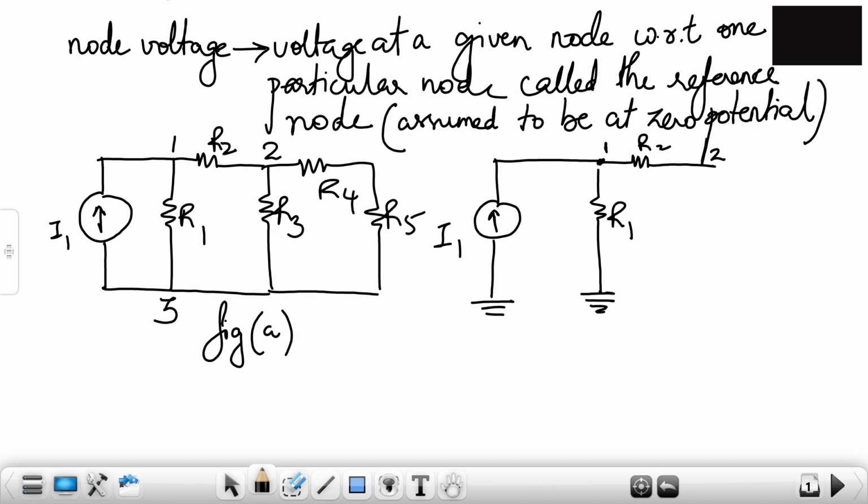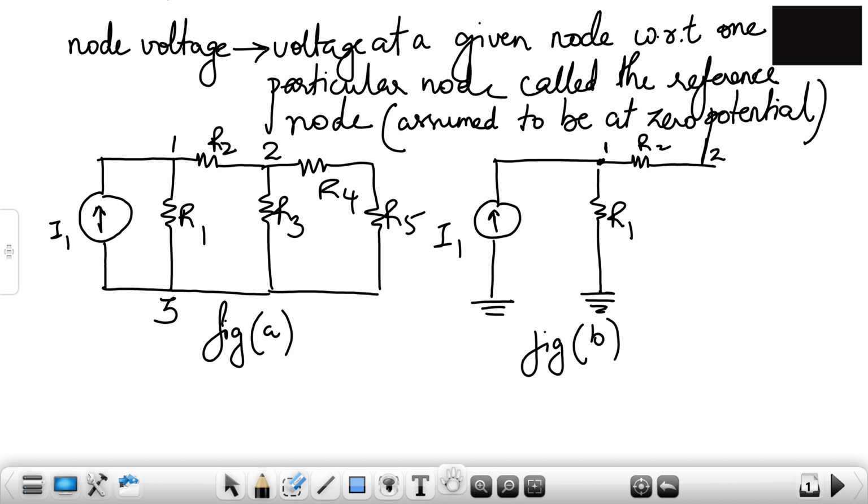Okay, this is your figure B. So we are now calculating voltage at node 1 with respect to node 3. Similarly, in the second part we will be calculating the voltage at node 2 with respect to node 3. So let's start with the first part.